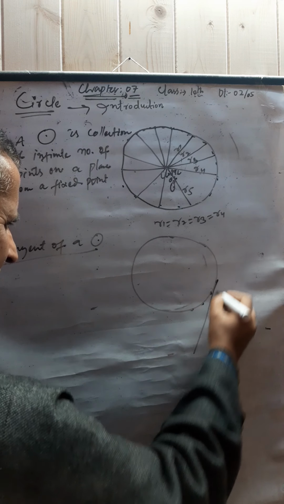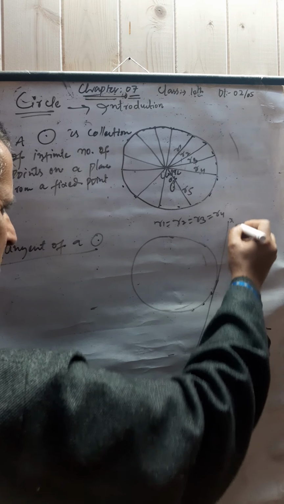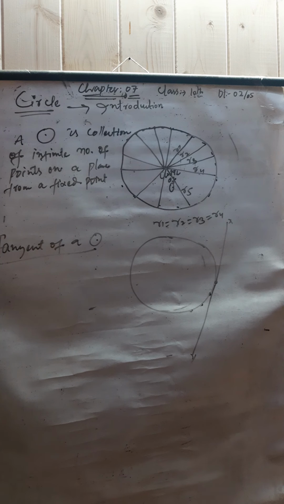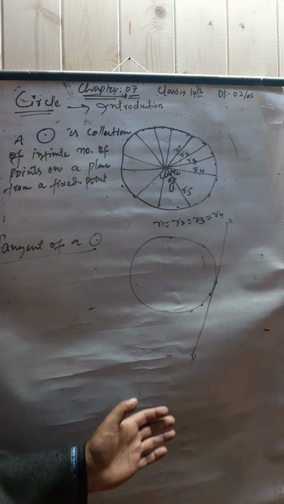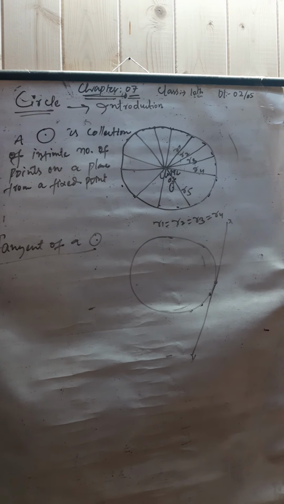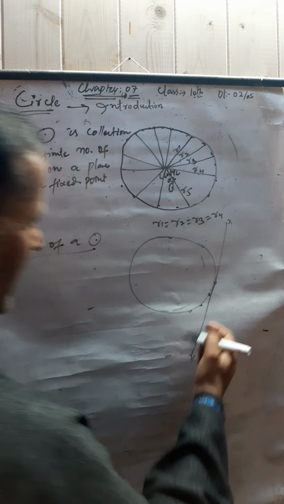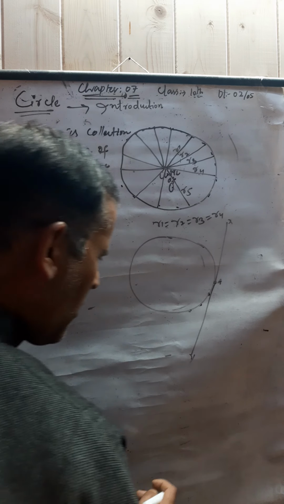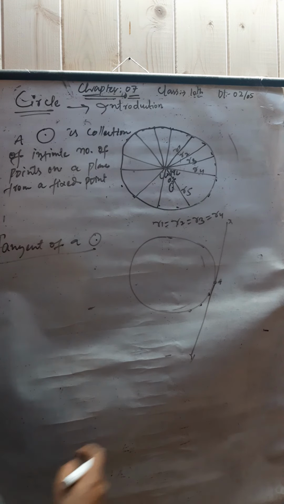If we draw a line like this, if it is X and Y, if it touches one point of the circle externally, we will call it the tangent of a circle. If this XY touches the circle at point A, we will call it the tangent of a circle.